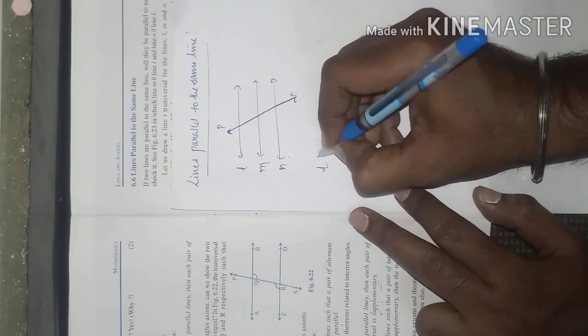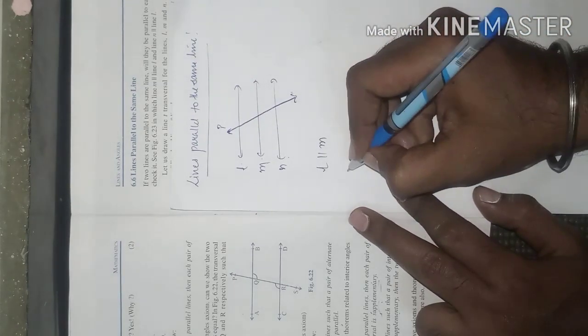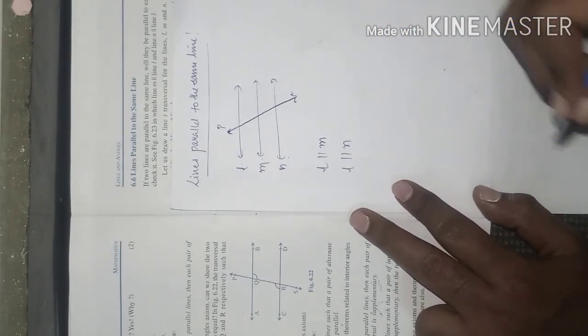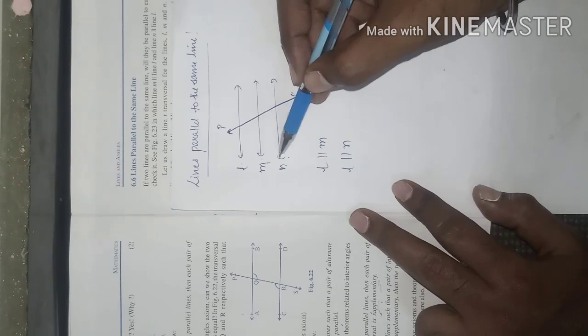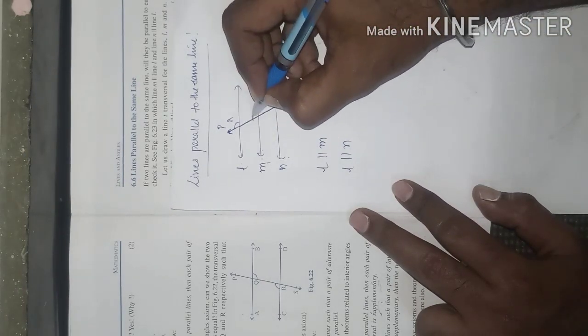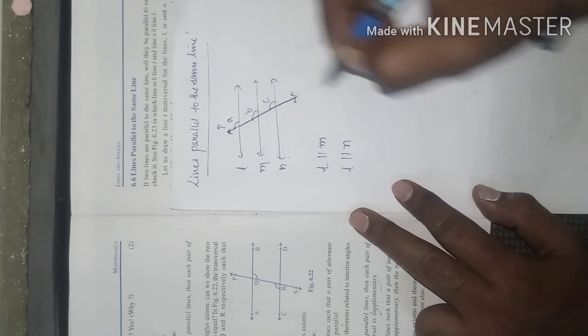Now they are asking whether M is parallel to N or not. So let me name angle A here, angle B here, and angle C here.